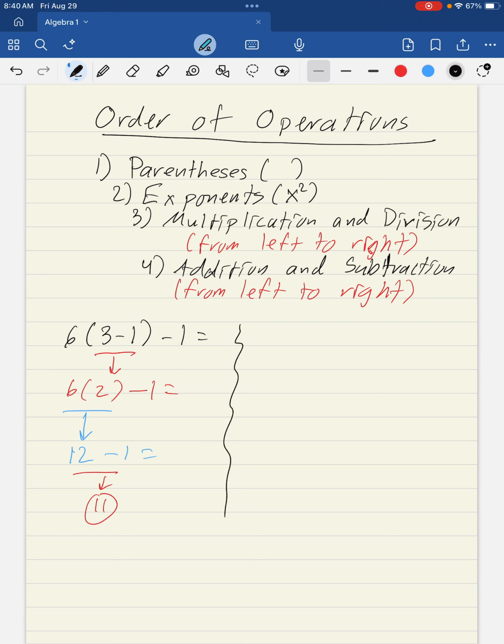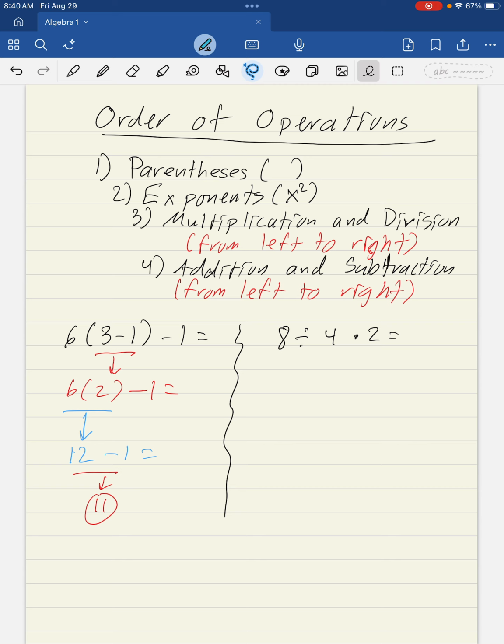So we'll go 8 divided by 4 times 2. This is kind of a sneaky one, to be honest, because people will say, okay, I need to do PEMDAS. Now, you might have heard this called PEMDAS: parentheses, exponent, multiplication, division, addition, subtraction.